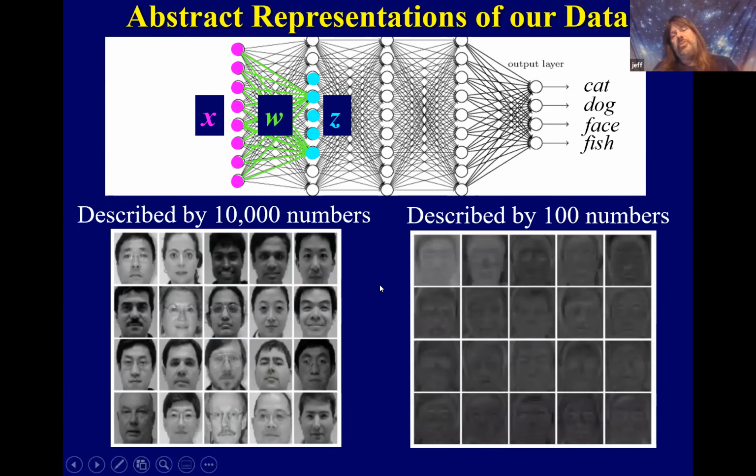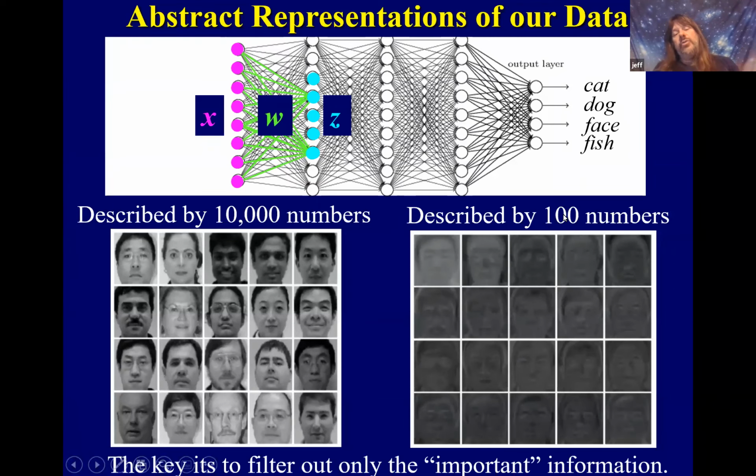And if you can do a projection down onto only 100 numbers, where you can filter out what are the important features, right, which 100 numbers? Or you get 100 new numbers, which somehow represent these 10,000 numbers. And it's then easier to recognize whether this is a face or a bicycle.